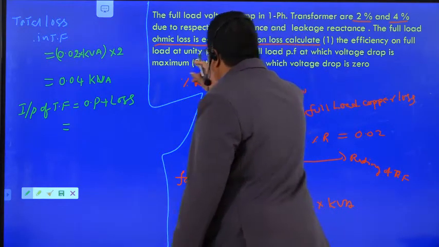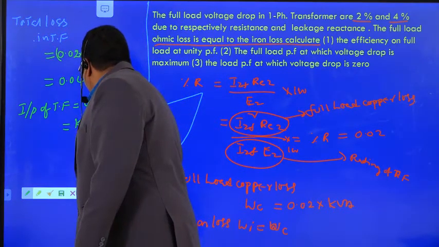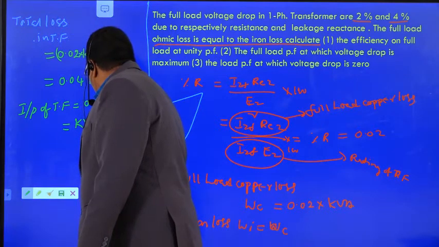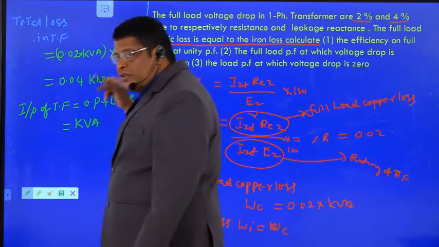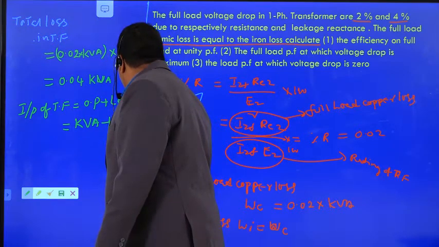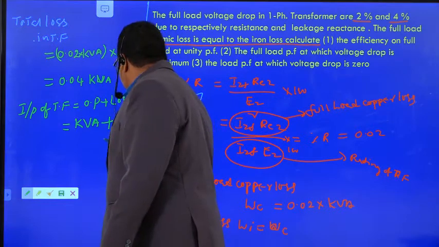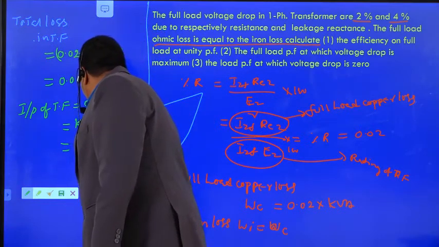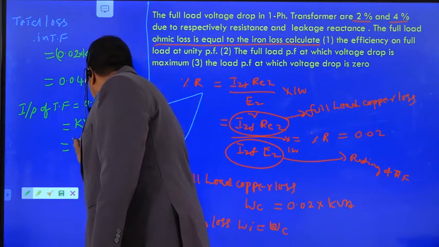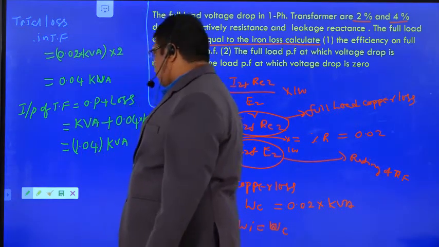So kVA into 1, nothing but the same kVA, plus 0.04 kVA rating of the transformer. So how much are we getting? 1.04 into the kVA rating of the transformer. This is the input of the transformer.